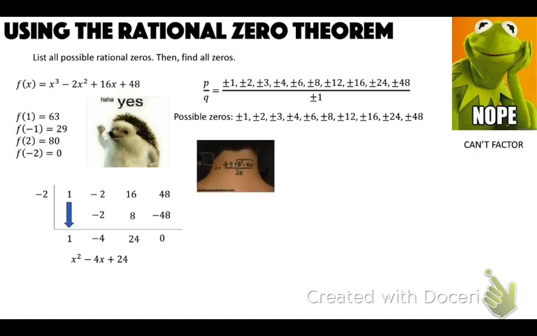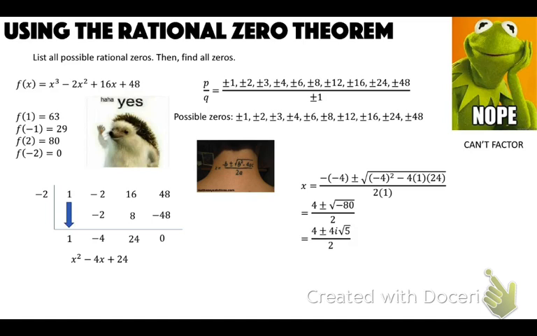So if we use the quadratic formula here, that's going to be negative negative 4, plus or minus the square root of negative 4 squared minus 4 times 1 times 24 over 2 times 1, which is 4 plus or minus the square root of negative 80 over 2, which the square root of negative 80 is the same as 4i square root of 5, which 2 goes into both of those, so we get 2 plus or minus 2i square root of 5.